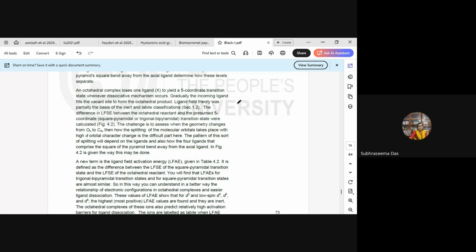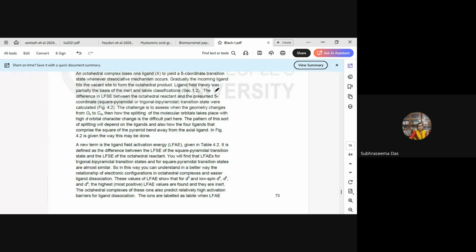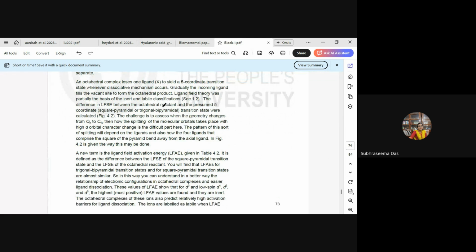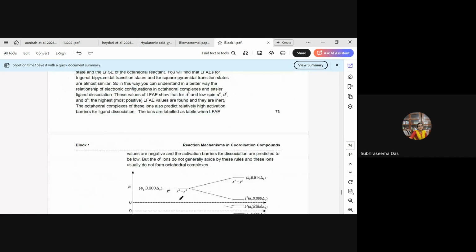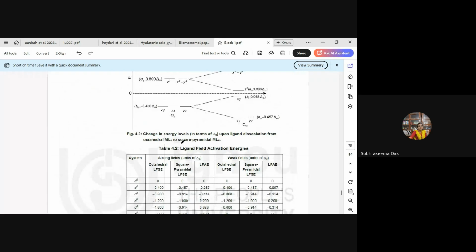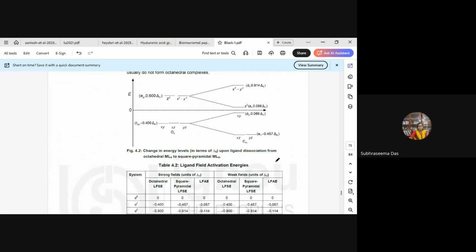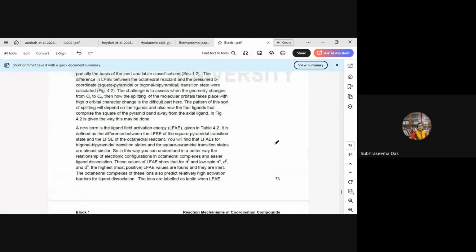So the difference in LFSE, that is the ligand field stabilization energy, between the octahedral reactant and the intermediate, that is the transition state, has been calculated. Here figure 4.2 shows the change in energy levels from ligand dissociation from ML6 to square pyramidal ML5, with the t2g and eg levels, and the change in energy has been calculated.